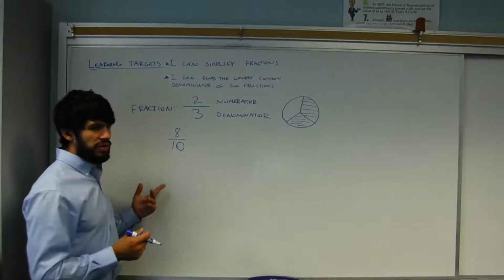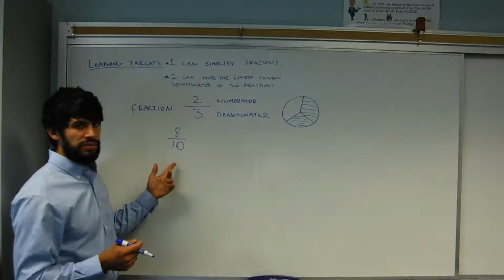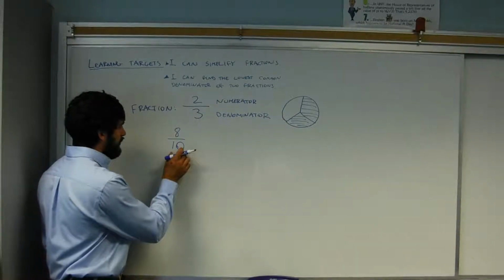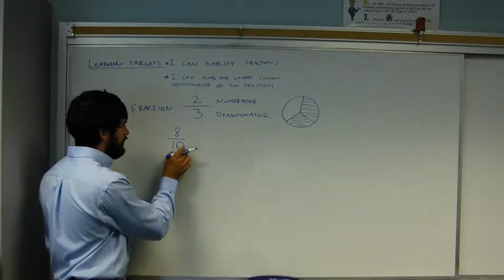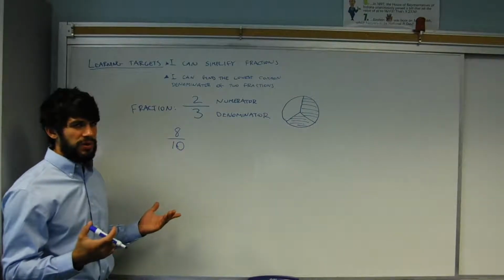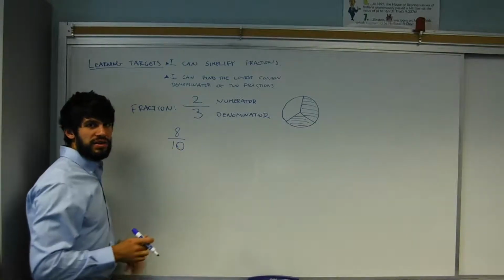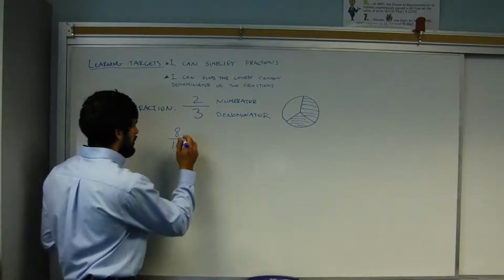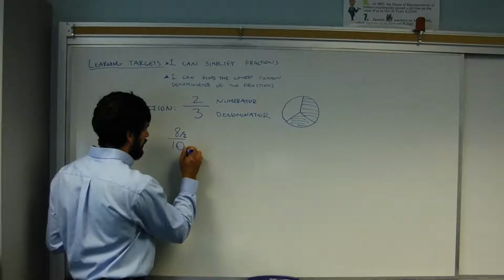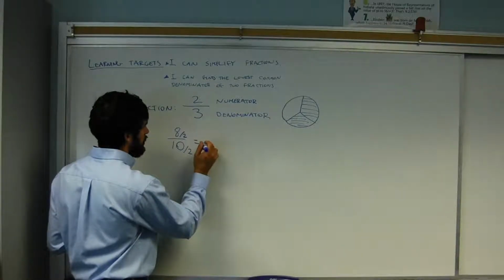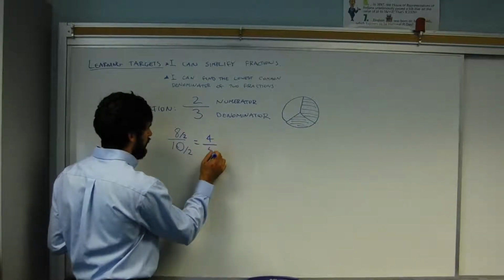In order to see if we can simplify this fraction, we want to see if we can divide both the top and bottom by the same number. In this case, both 8 and 10 are divisible by 2. So if we divide the top and bottom by 2, we'll get 4 over 5.